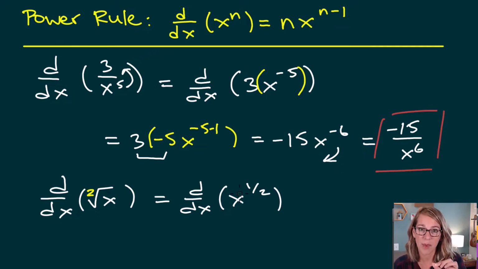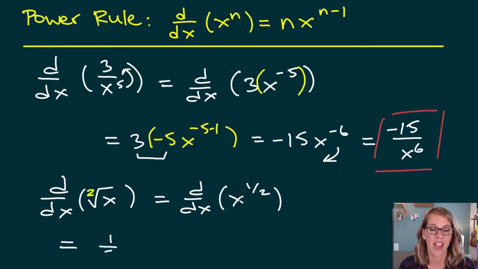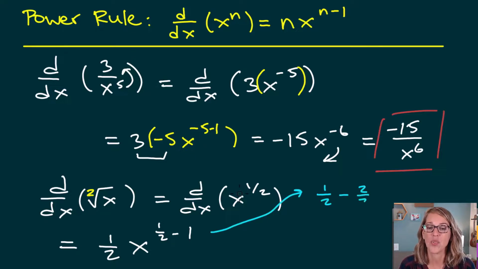I've got a 1/2 power here, and I'm ready to apply my power rule. That 1/2 is going to come out in front. So we end up with 1/2 x to the 1/2 minus 1. If I do that 1/2 minus 1, let's do it over here. That's going to be the same as 1/2 minus 2 over 2, which is -1/2.